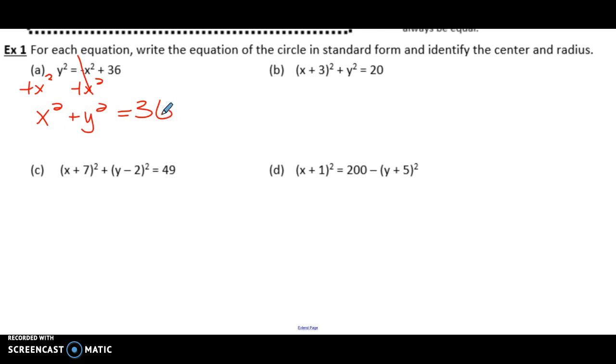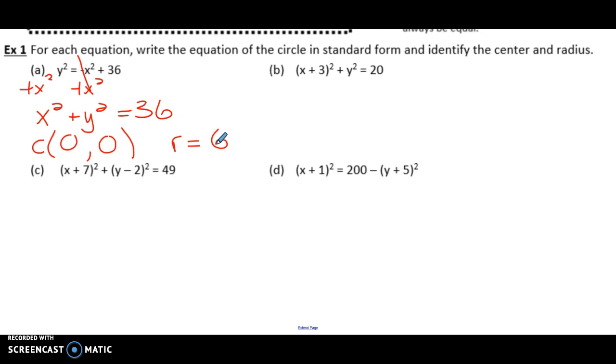The x and the y both need to be on the left side to be in standard form. And now it's in standard form. It's super easy. For each of these, we're going to find the center and the radius. So what's the center of this circle? (0, 0). And the radius is going to be 6. It's the square root of the number on the right side.